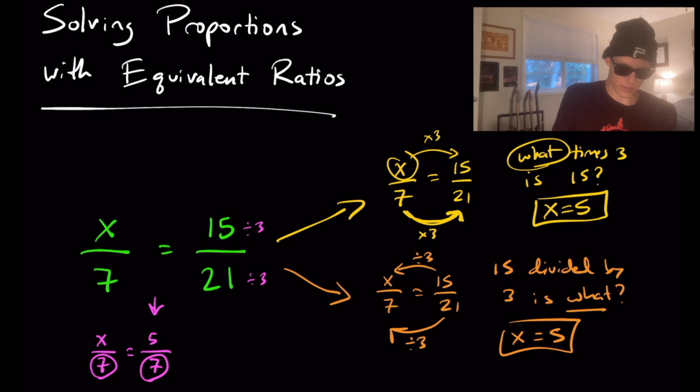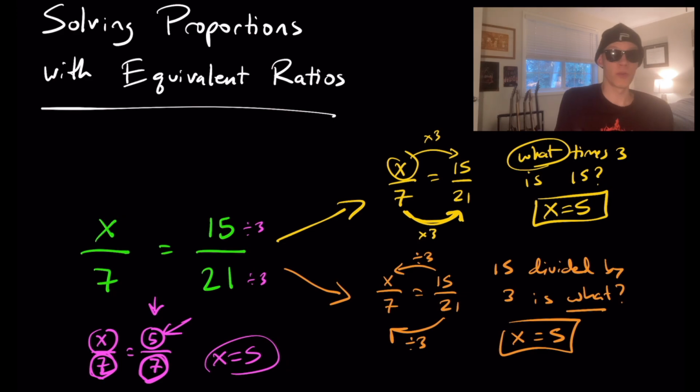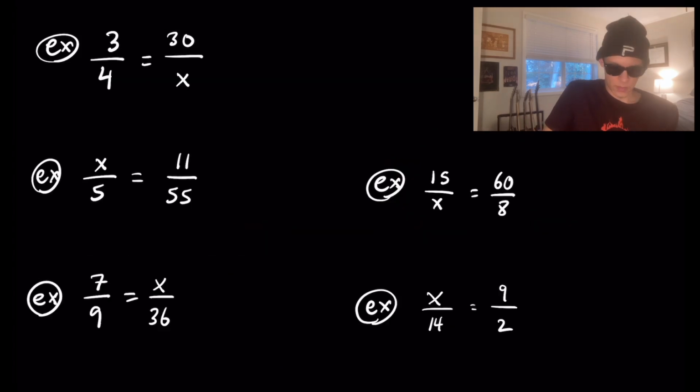Our numerators are the same. So since this is a proportion, two ratios that are set equal to each other, if my denominators are the same, that means my numerators have to be the same. So x is going to equal 5 because that's what our numerator is over here. And this matches exactly what we got for those two methods there.